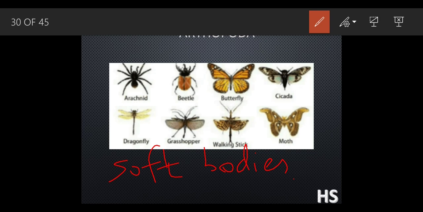As their bodies are soft, they have been classified in the Mollusca group. All the animals inside this are radially asymmetrical. Radially asymmetrical means if you divide them from the center, they are not perfectly divided into proper parts.